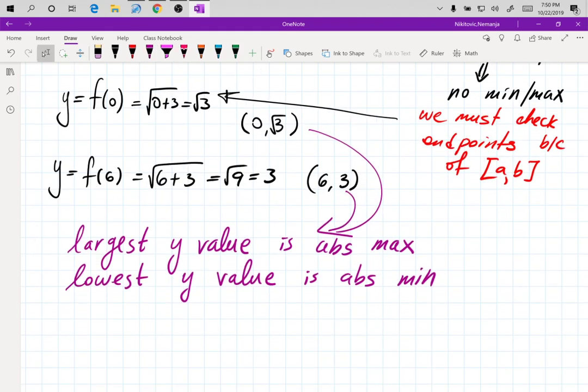So what I found looking at my problems is that (0, root 3) is the ABS min, and what else? (6, 3) is the ABS max.